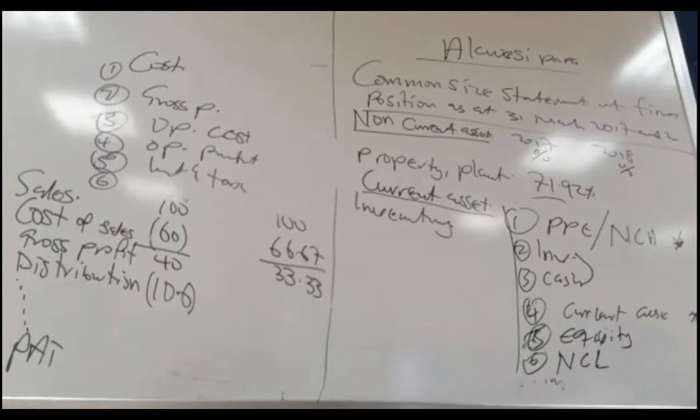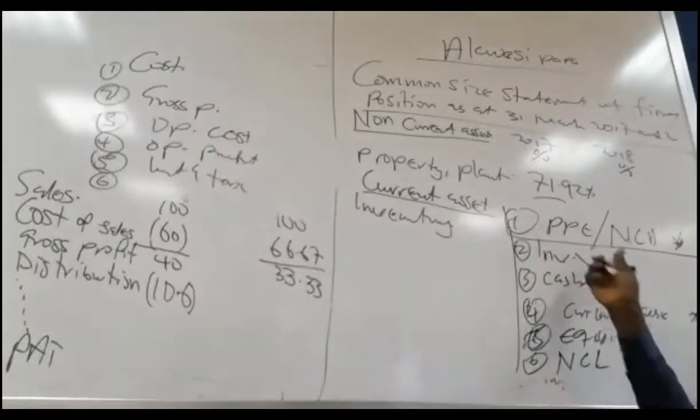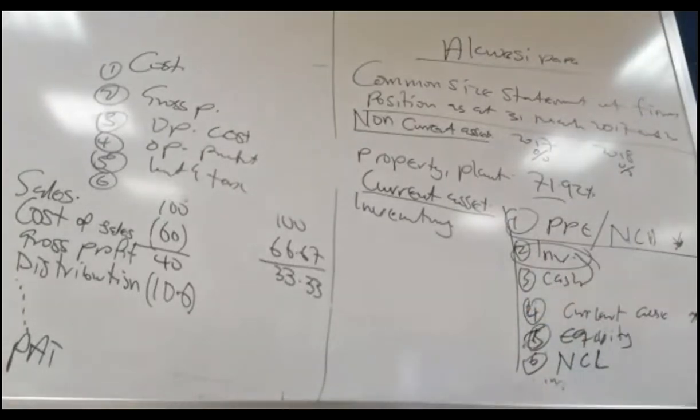Then you are done with PPE and non-current assets. You check inventory. If inventory is high, then overstocking or overvaluation of inventory. Inventory is too high, overstocking.